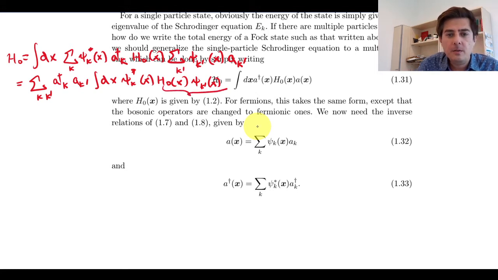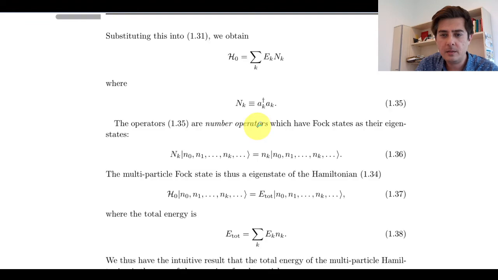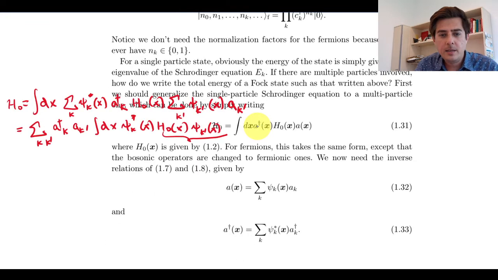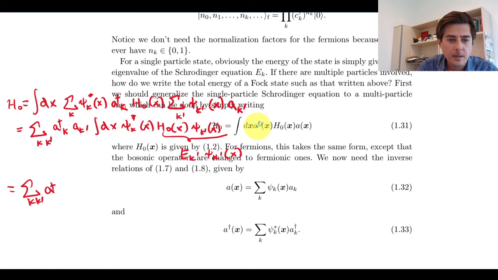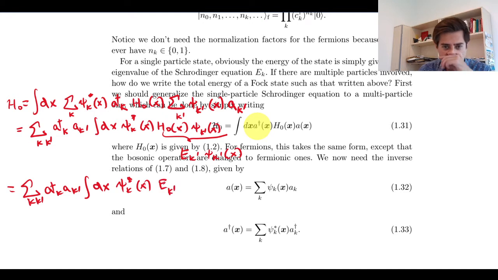Now this part, we know what the Hamiltonian does when it acts on here. We know that it just simply gives the energy. So when H0 x acts on that, this simply gives E K prime times the wave function, because this Hamiltonian acts on this wave function, and this is the eigenvalue. So let's go ahead and plug that in. So it's the sum over K prime, A K prime, integral of psi K star x, and we've got this eigenvalue.